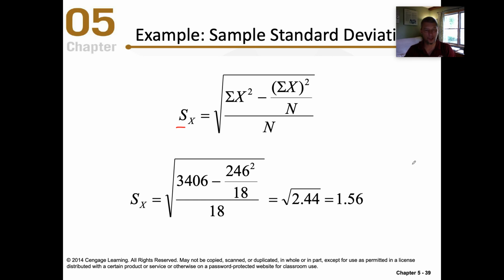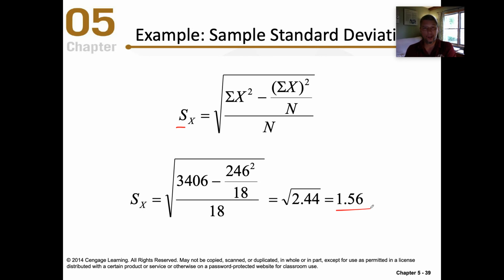And so we plug and chug. 3,406 minus 246 squared over 18, all over 18 is 2.44. And then if we take the square root of that, we end up with 1.56. So the sample variance and the sample standard deviation are calculated that way.